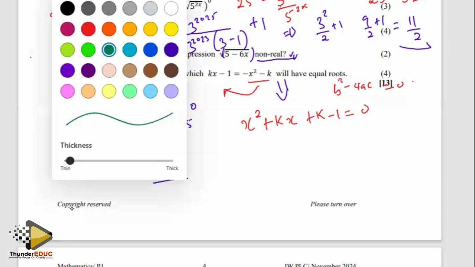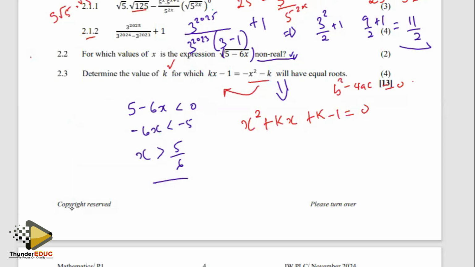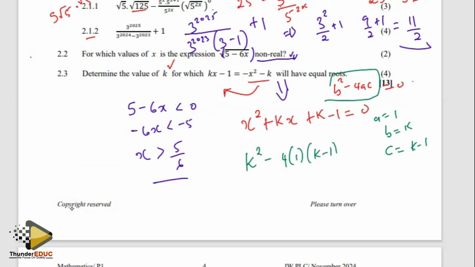So from that, I can see that my a is 1, my b is k, and then my c is k minus 1. And then I substitute into that. So the b, which is k squared, minus 4, the a is 1, and then the c is k minus 1, should be equated to 0. That's k squared minus 4k plus 4 is equal to 0.